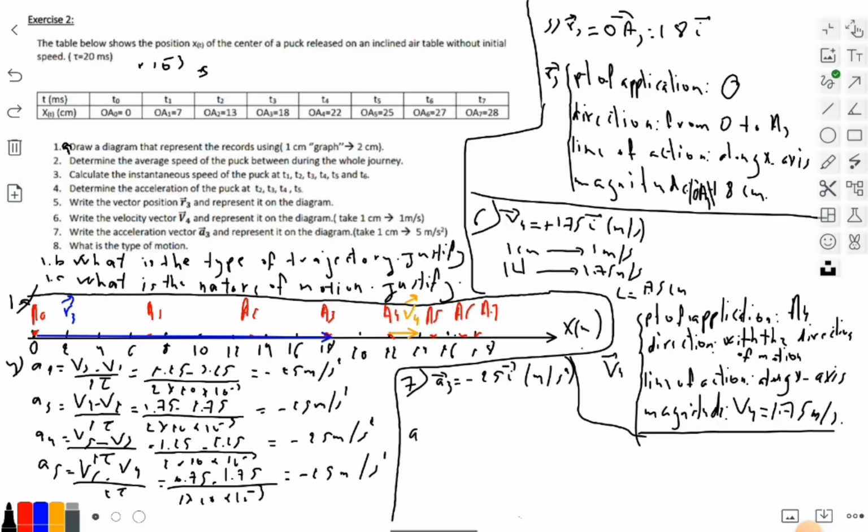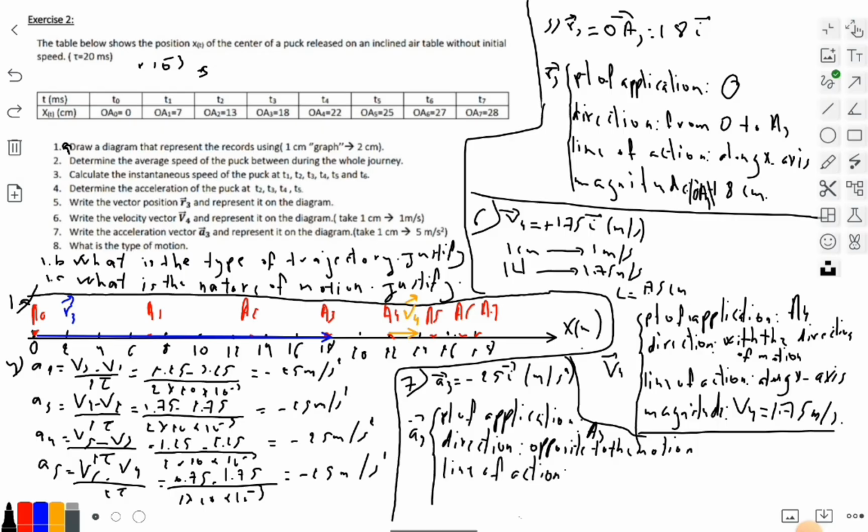Characteristics of A3: point of application, it's A3; direction, opposite to the motion; line of action, along the x-axis; and magnitude, 25 meter per second square.